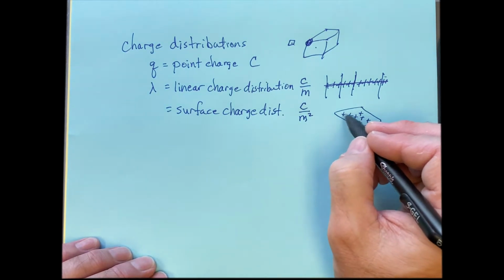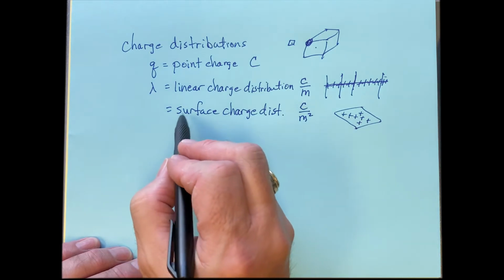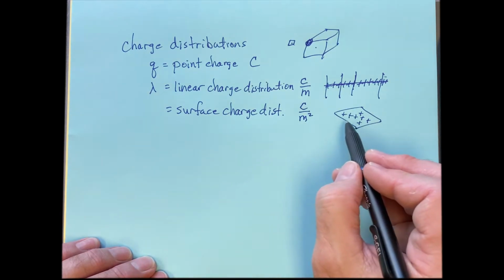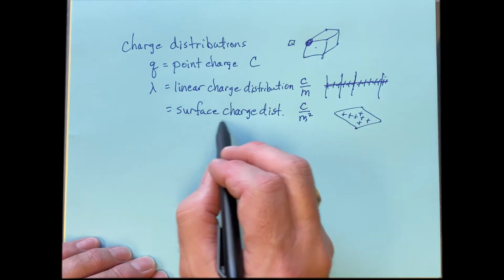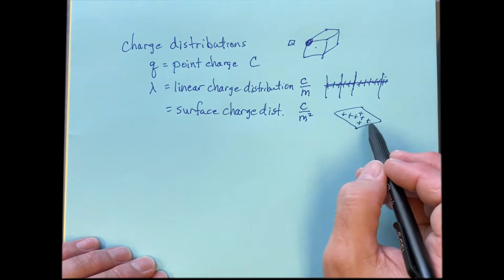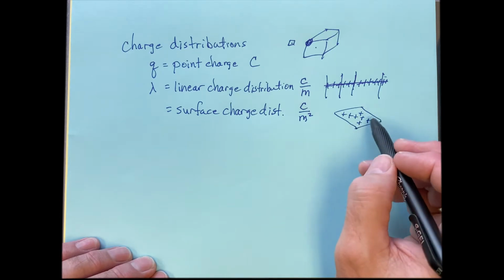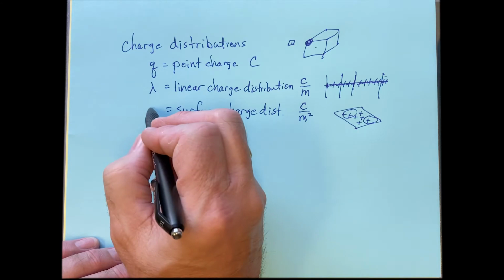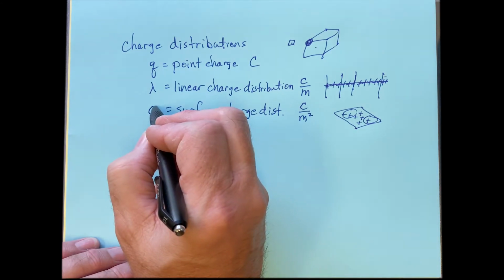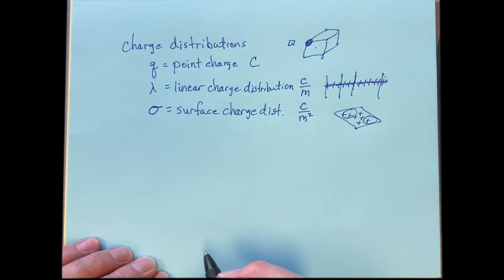How much charge per square meter? If the surface charge density is constant, then it's going to be the same everywhere: the same in this area as in that area. We symbolize that with the small Greek letter sigma, for surface.